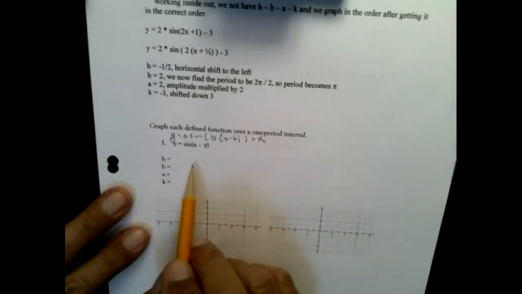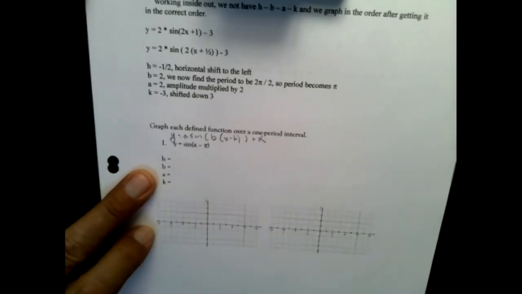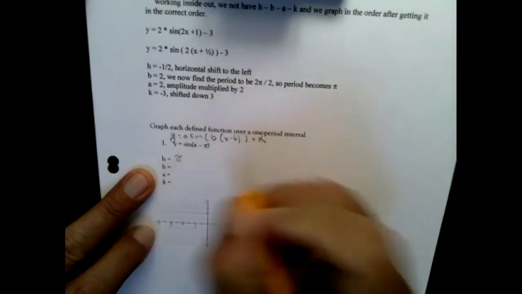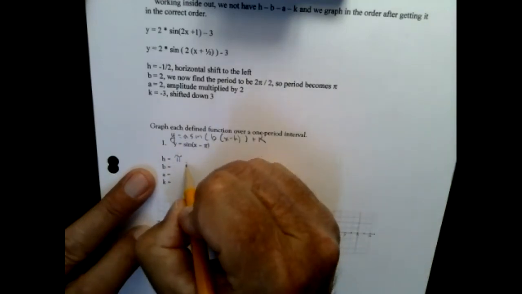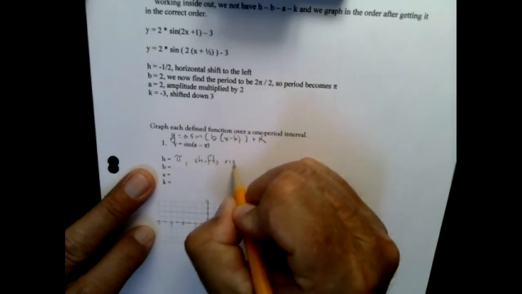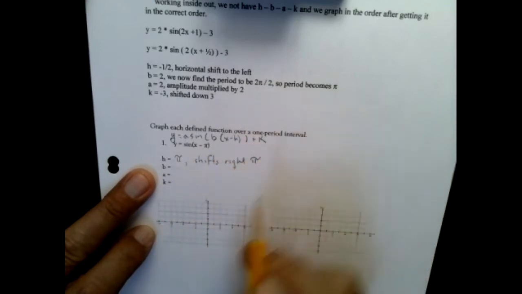All right, so I look at h. What is h? In this case, my h is pi. And if you remember what happens here, it shifts right pi, because that's a positive number.